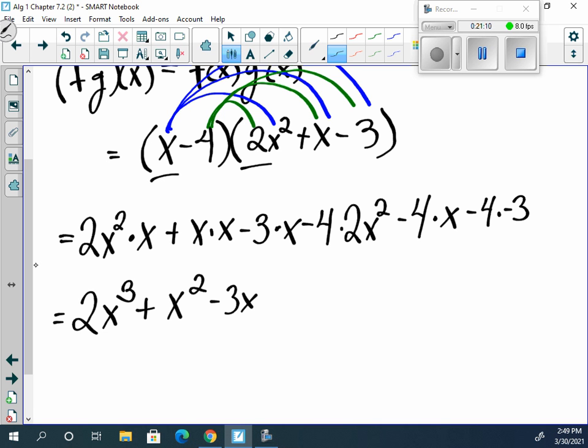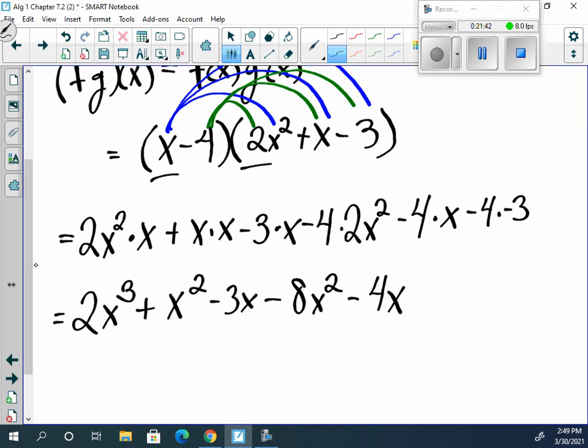Now, the next one here, negative 4 times 2x squared. Well, I can do negative 4 times 2, yes? It's going to be negative, and 4 times 2 is 8x squared. Since we didn't do anything with the x squared term, it just stays x squared. We haven't multiplied it by an x. Now, the next one is negative 4 times x, which would be negative 4x.